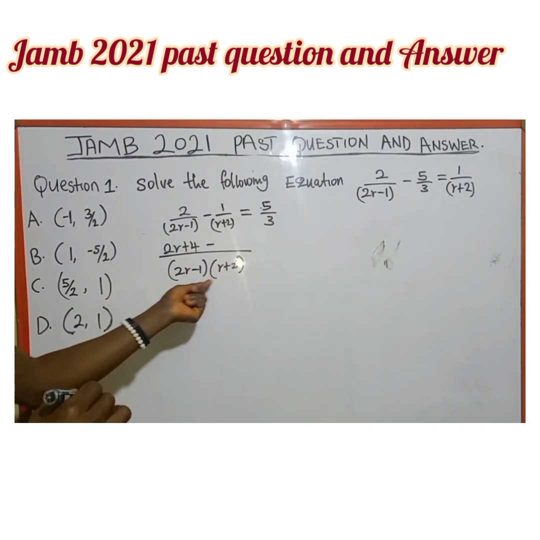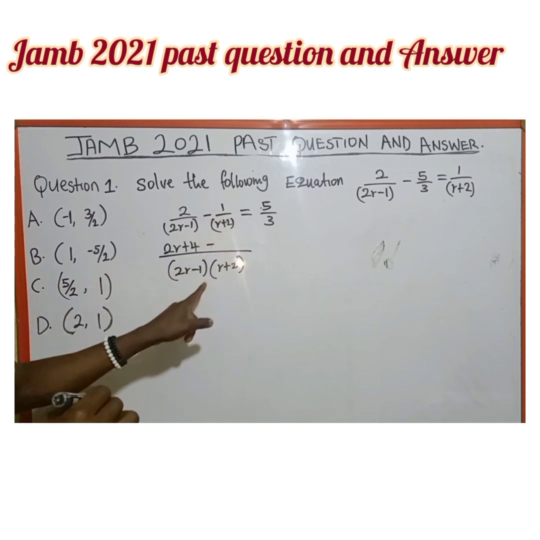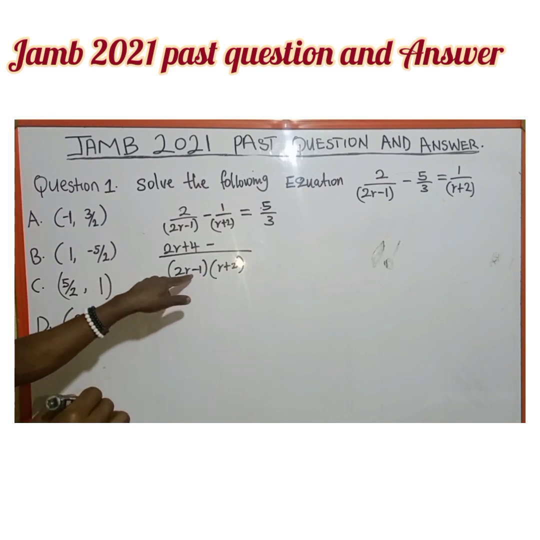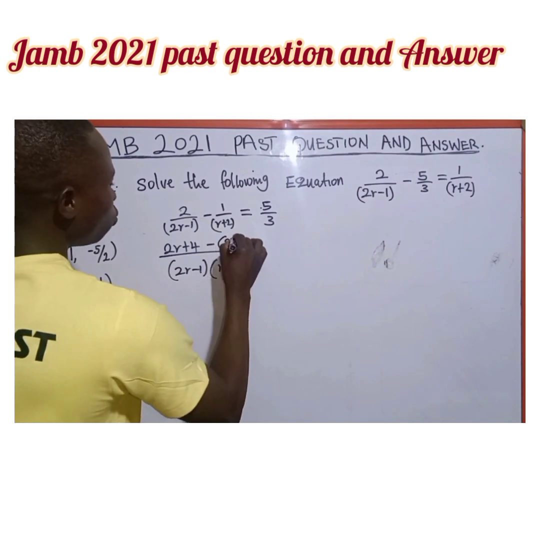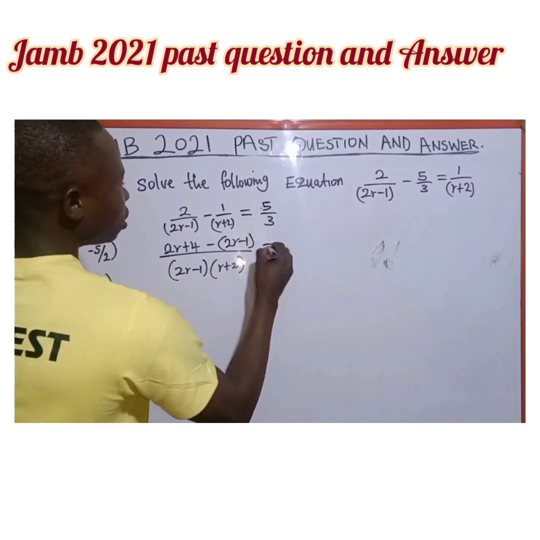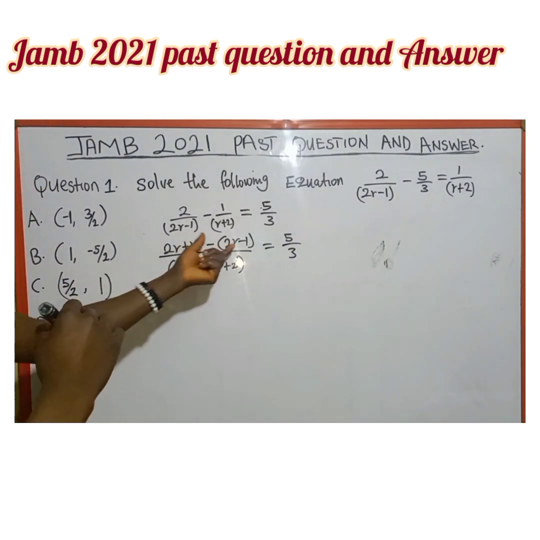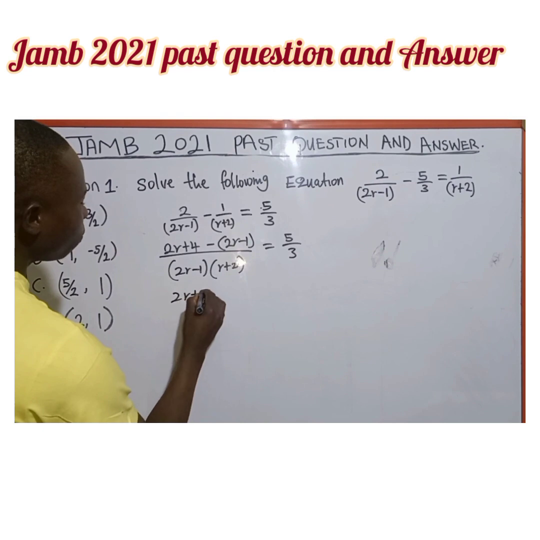If you use these two products to divide by this r plus 2, this r plus 2 will cancel this r plus 2. So we are left with 2r minus 1. Then 2r minus 1 multiplied by 1 will also give me 2r minus 1, which is equal to 5 over 3. The next thing, let us open this bracket first. So we are going to have 2r plus 4.